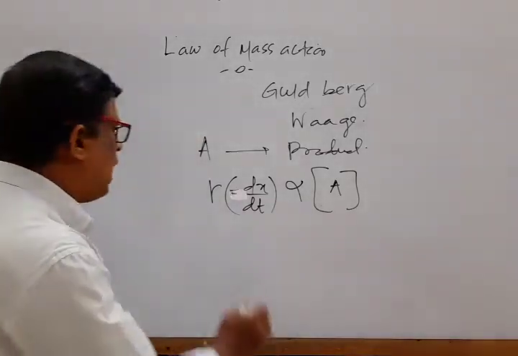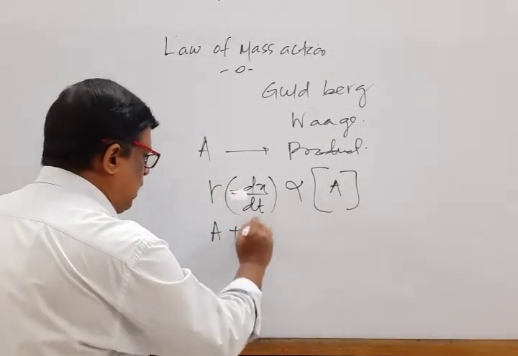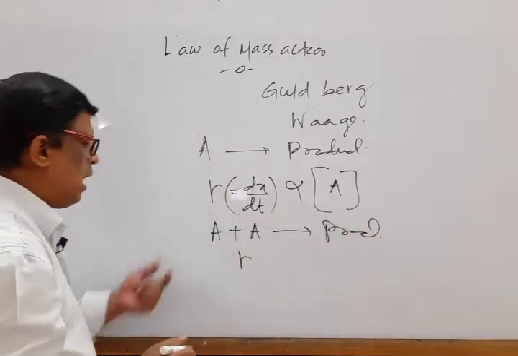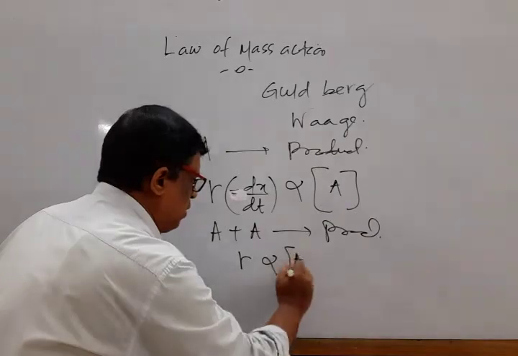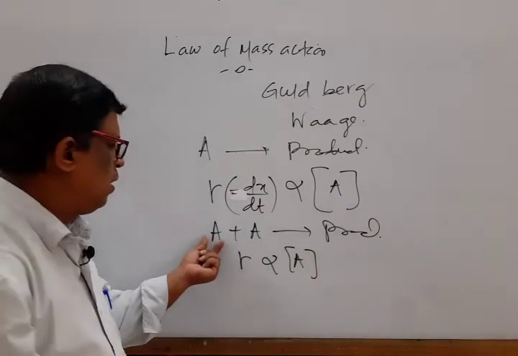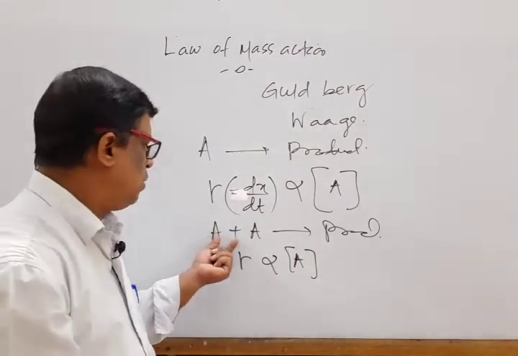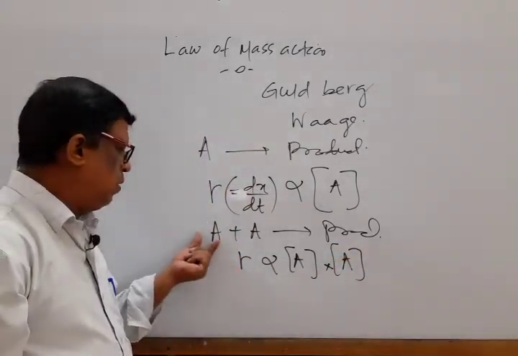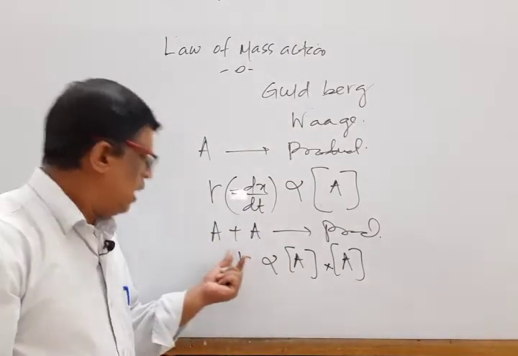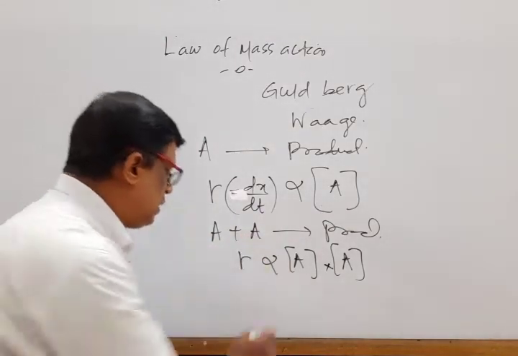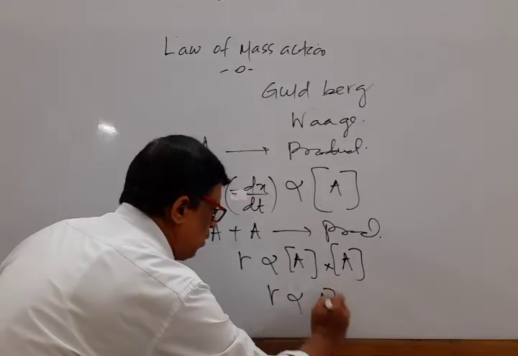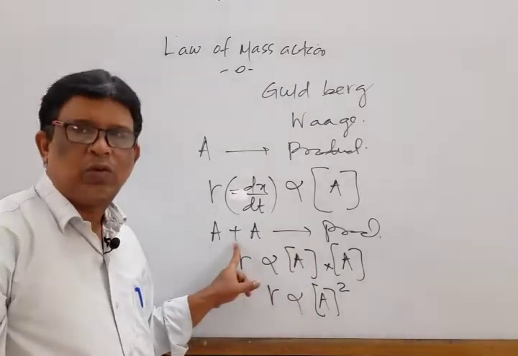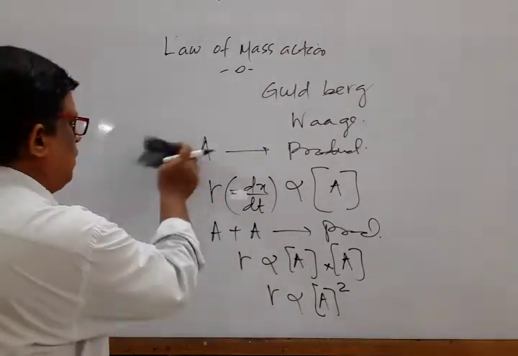Mark that. If we rewrite this equation, A plus A gives rise to product, then the rate of reaction is directly proportional to the concentration of the first reactant and also to the concentration of the other A. That means we write the molar concentration of each reactant species raised to the power equal to its coefficient.